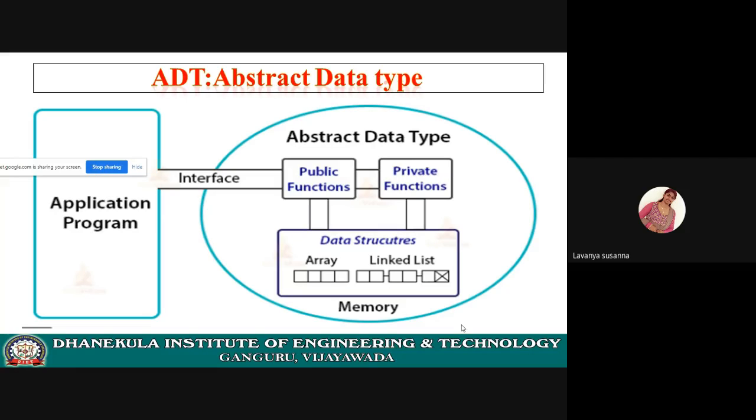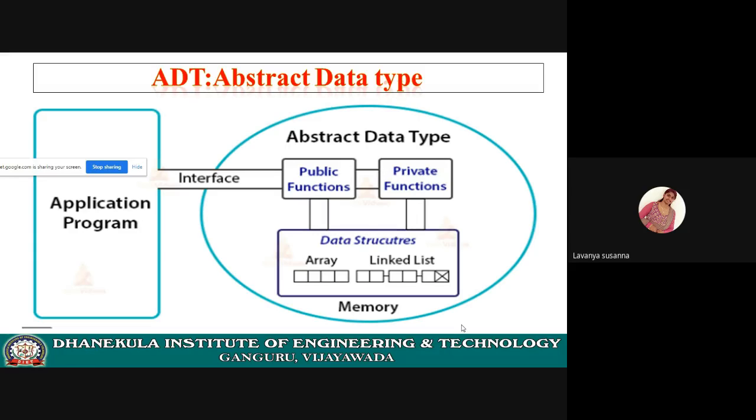An abstract data type is a user-defined data type which defines data and operations bundled under a name. Again I am repeating, an abstract data type is a user-defined data type that contains data and operations bundled under a name.